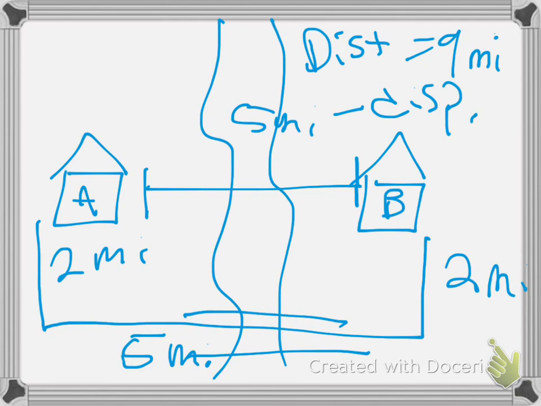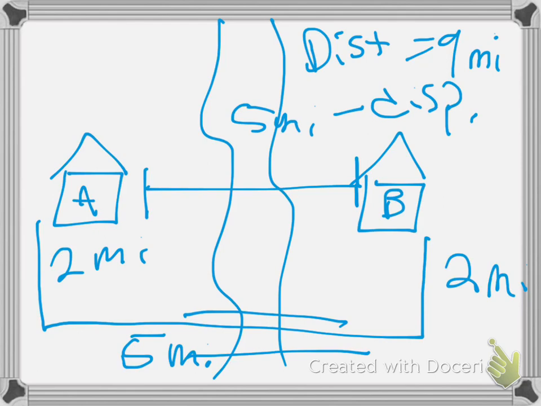If you travel in a big loop and you end up back where you started, your displacement is 0 because it's the distance from where you started to where you ended, and they are the same location. So you have a displacement of 0. Okay?